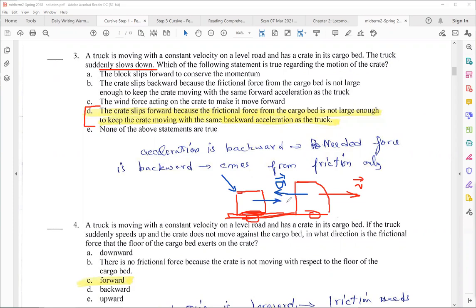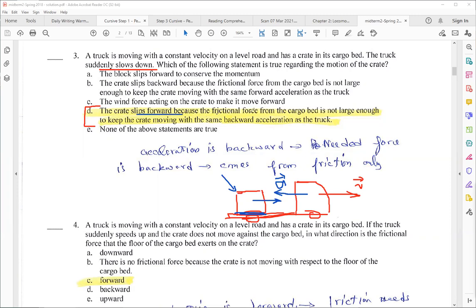Now, of course, if there is not enough friction between the crate and the cargo bed, if the friction is not large enough, the crate will slip forward. That's what we see. We're saying that the crate slips forward.